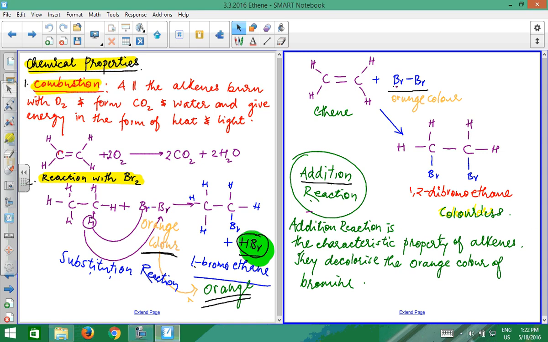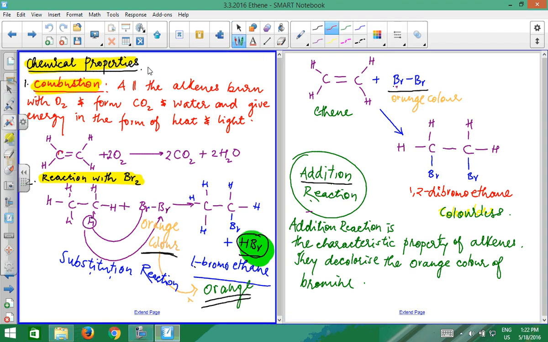Another very important topic is the properties of alkenes. First, combustion I already discussed. Alkenes combine with oxygen to form carbon dioxide and water. Then the reaction with bromine water. The color of bromine water is brown, or mostly we call it orange. When this orange bromine water reacts with ethane, the color remains orange.